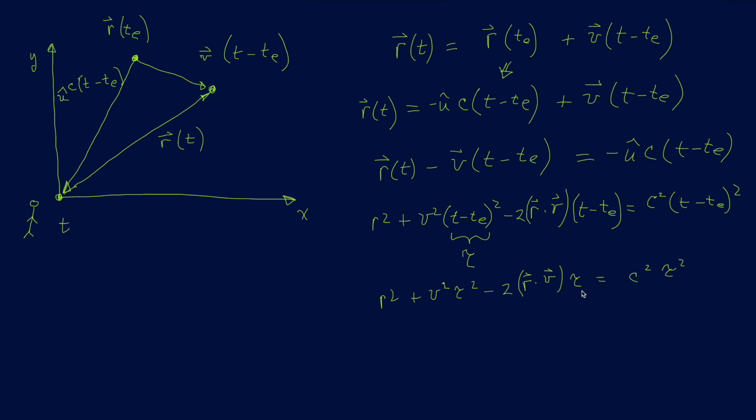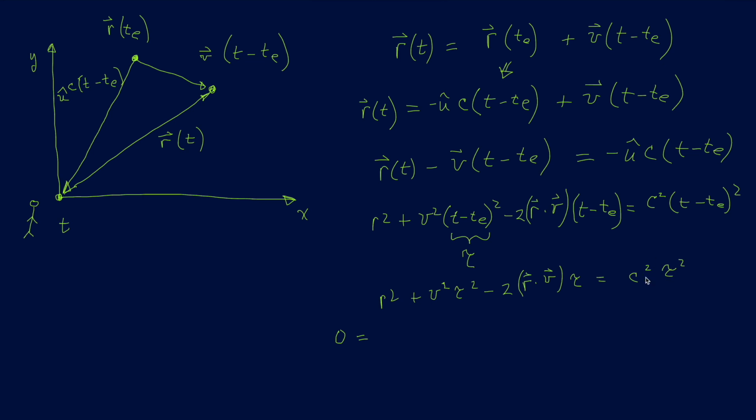Sorry, that's not right. And then let's get everything on the same side of the equation. Which side do we want to move everything to? Let's move everything to the right. So I'm going to put a 0 out here. We're going to move all this stuff over here. So we're going to have 0 equals.